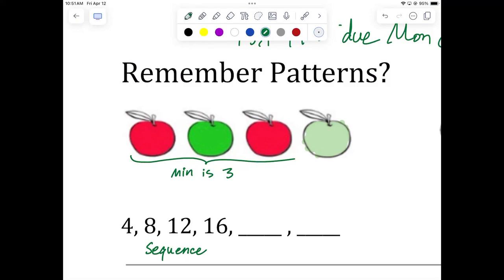So, do you all know what number comes next in the sequence? How'd you get 20? You can spot the pattern. We are increasing by 4 units each time. Plus 4, plus 4, plus 4. We call this an arithmetic sequence.